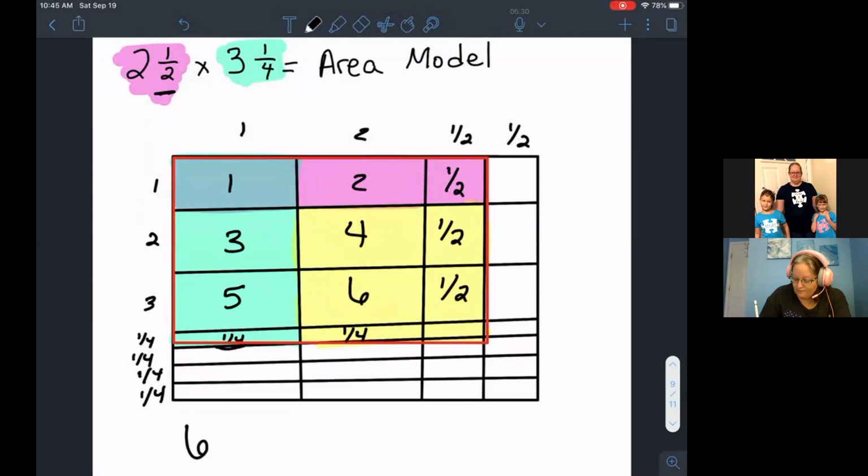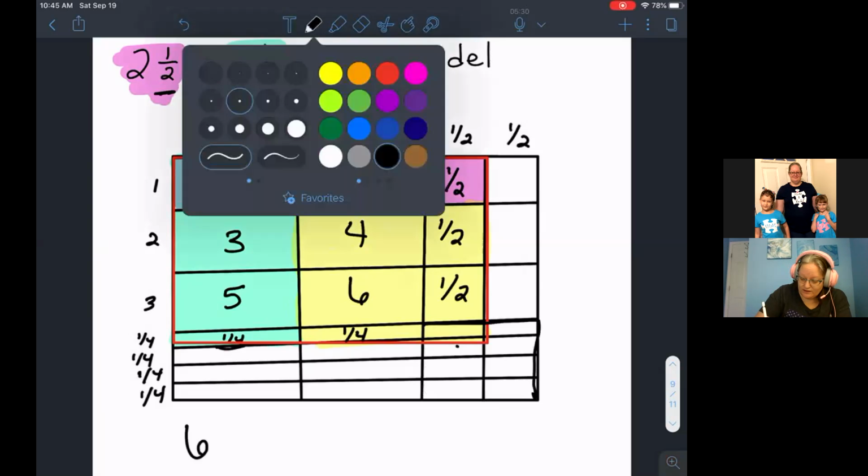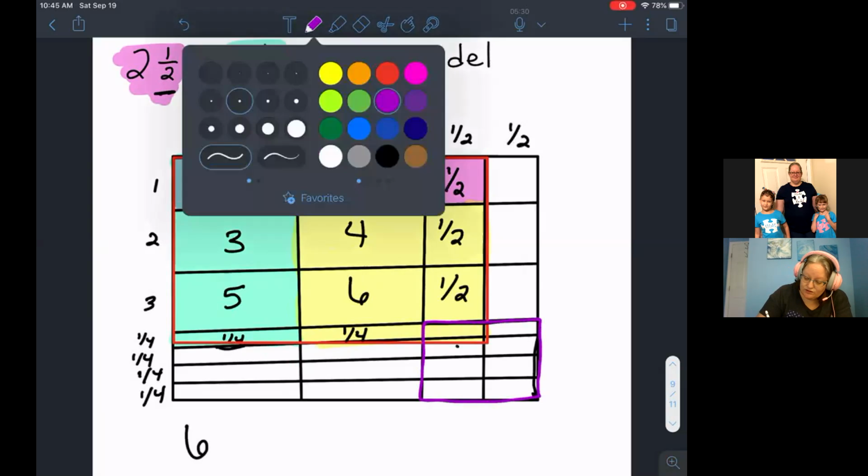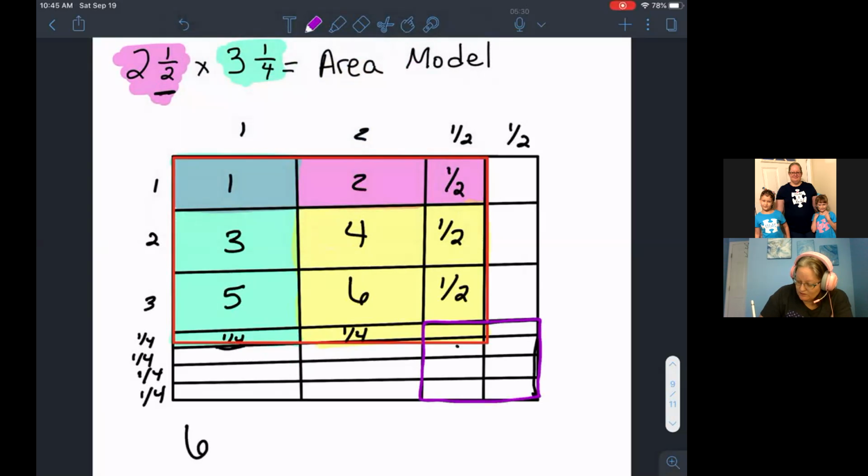But then this one, this is that last unit that we have right here. Let's draw a different color. That is equal to each section in here. So we have 1, 2, 3, 4, 5, 6, 7, 8. So this one would be 1/8. This part would be 1/8.